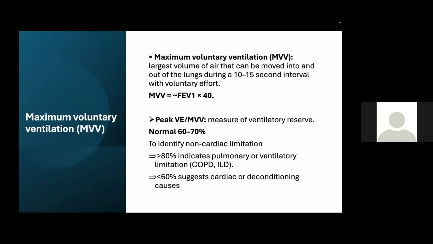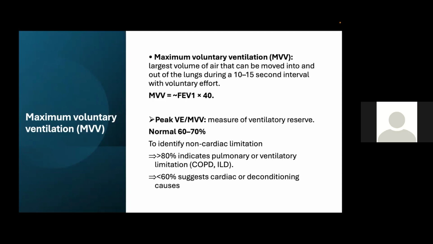So we have two methods to identify the maximum voluntary ventilation for our patient: either get it from the FEV1 from spirometry times 40, or ask the patient to breathe forcefully for 10 to 15 seconds, then we record the maximum voluntary ventilation.